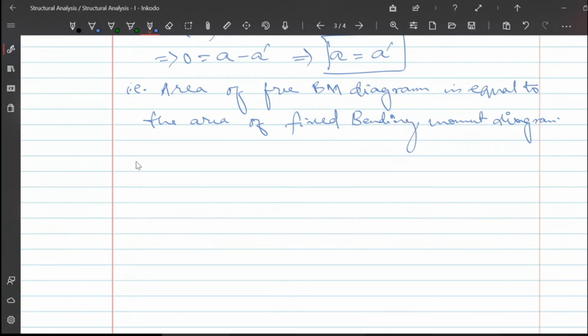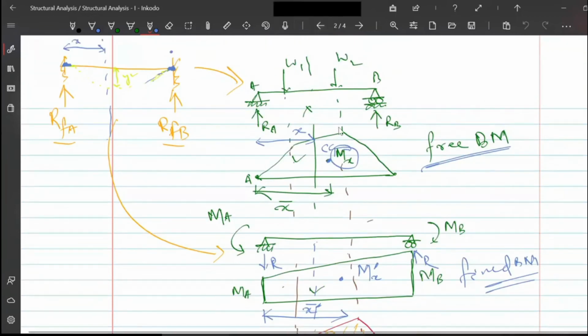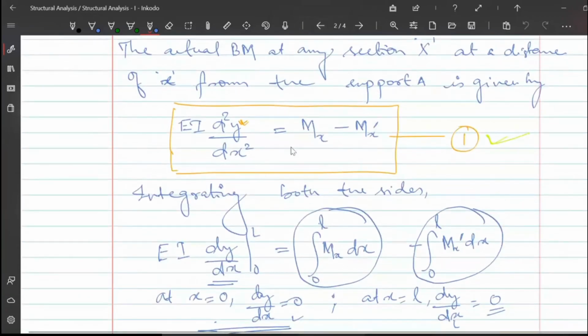And let us consider equation 1. Now what is equation 1? As I told earlier, see here, equation 1, this one.